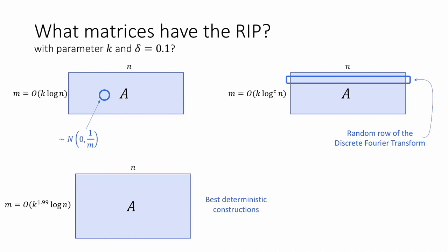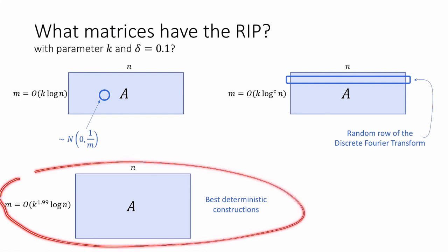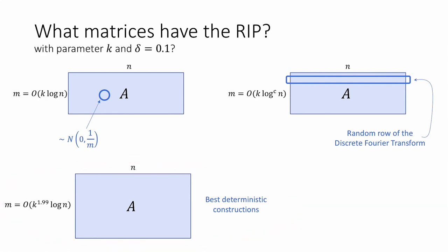That is, the best deterministic constructions we know have parameters something like this. That is, they need about k squared rows instead of about k, or technically k to the 1.99999. So this is a factor of k off of the optimum, which can be significant. So this is a case where randomness really helps us out, even though it might be that we could one day come up with some deterministic construction.